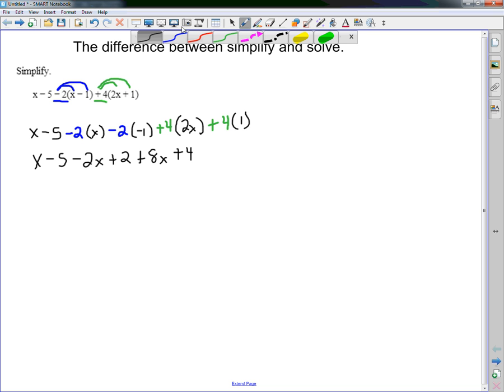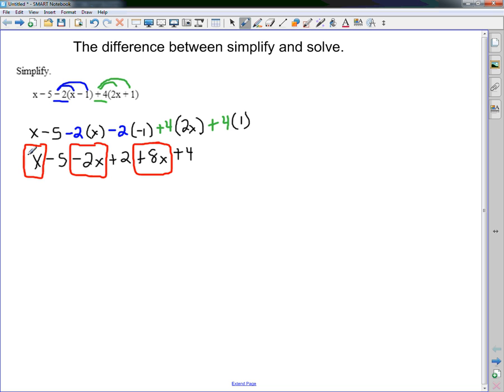Now we want to find like terms. Like terms are terms that have the same variable to the same exponent. Notice all of these x's have an exponent of 1. It's not written, it's assumed to be there. So I can combine this x with this x and this x.